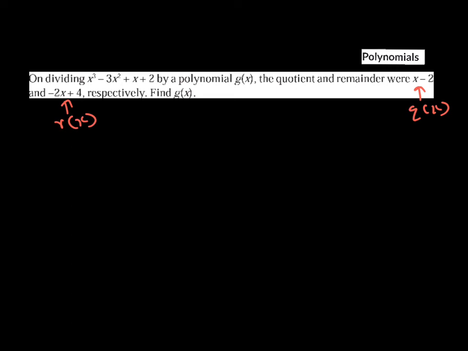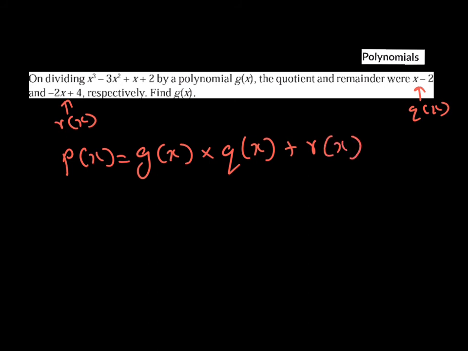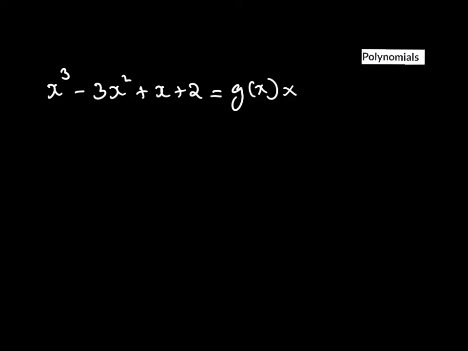We know that when a polynomial p(x) is divided by g(x), p(x) is equal to g(x) times q(x) plus r(x). We know this. Now we need to just plug into this and do the normal algebra, but with regards to the polynomials. Let's see how we go about doing that.